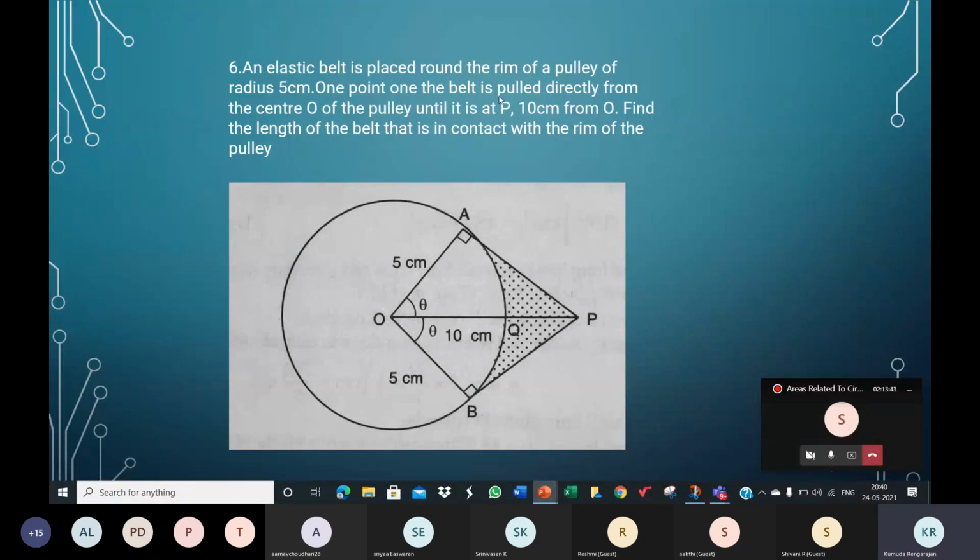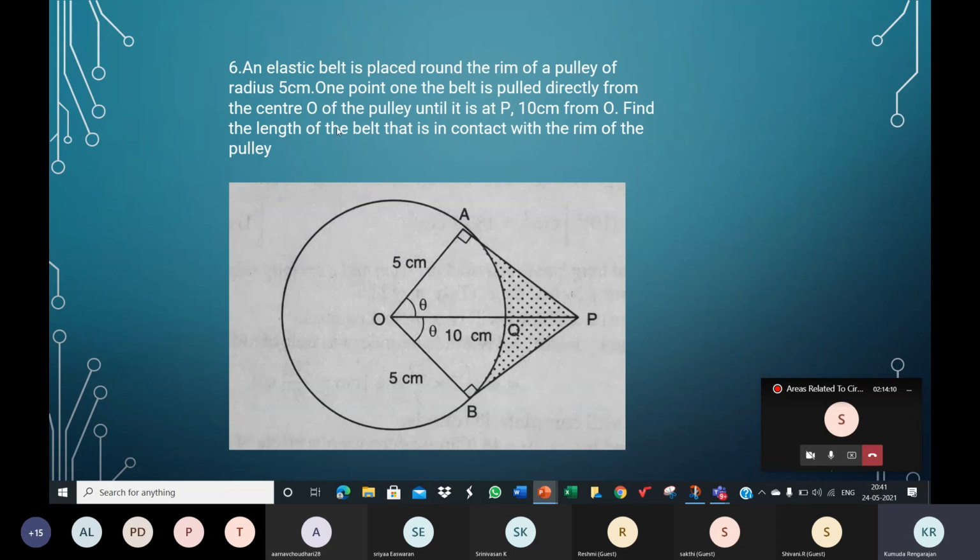One point on the belt is pulled directly away from the center O. So this is center O of the pulley. So from this point, you pull the belt away from the center O of the pulley to this point P. And what is given? The distance between the center and the point P is 10 centimeters. OP is equal to 10 centimeters.